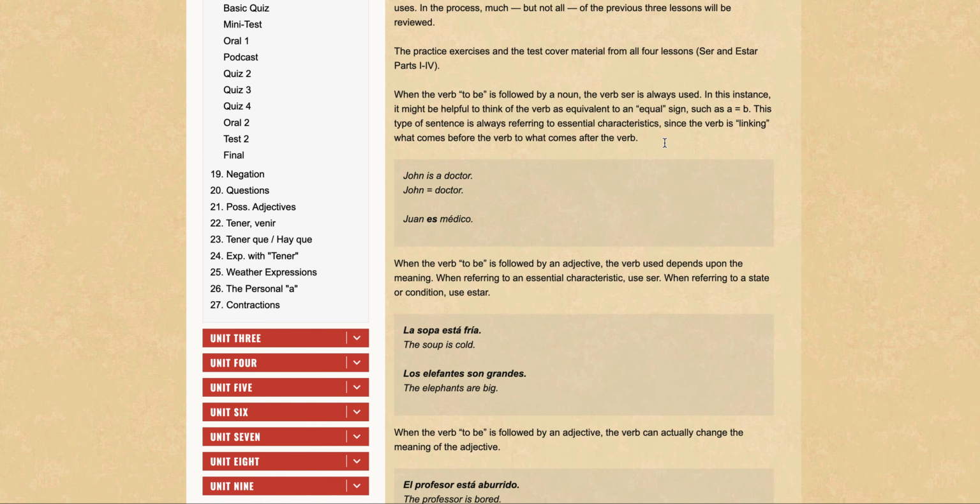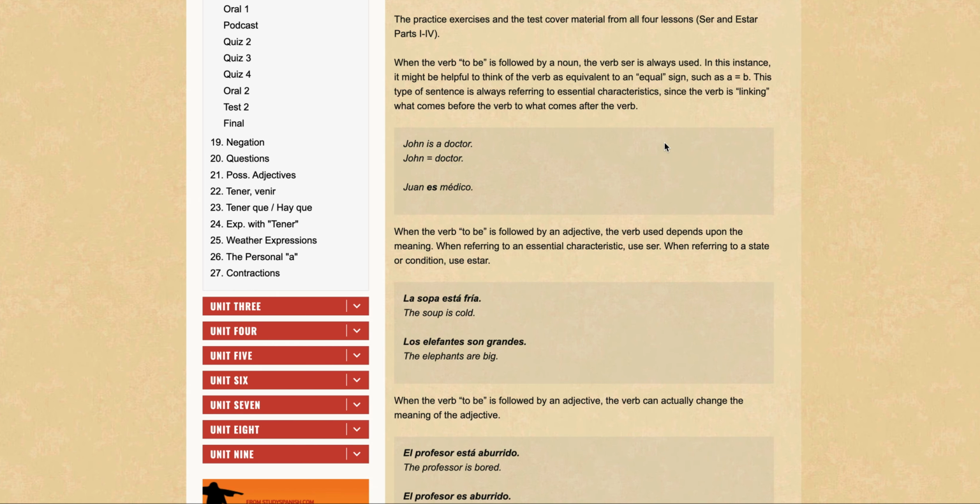All right, so let's move along here. When the verb to be is followed by a noun, the verb ser is always used. So think of this as a rule.